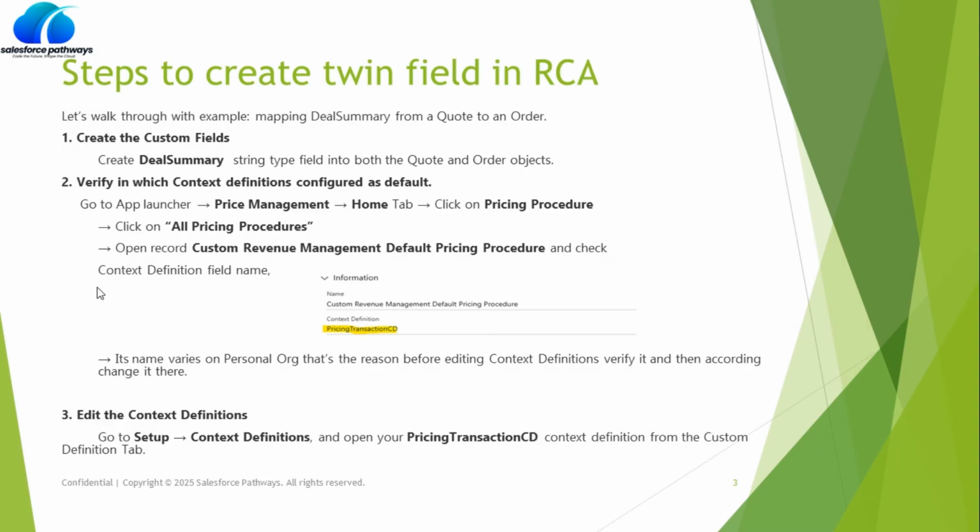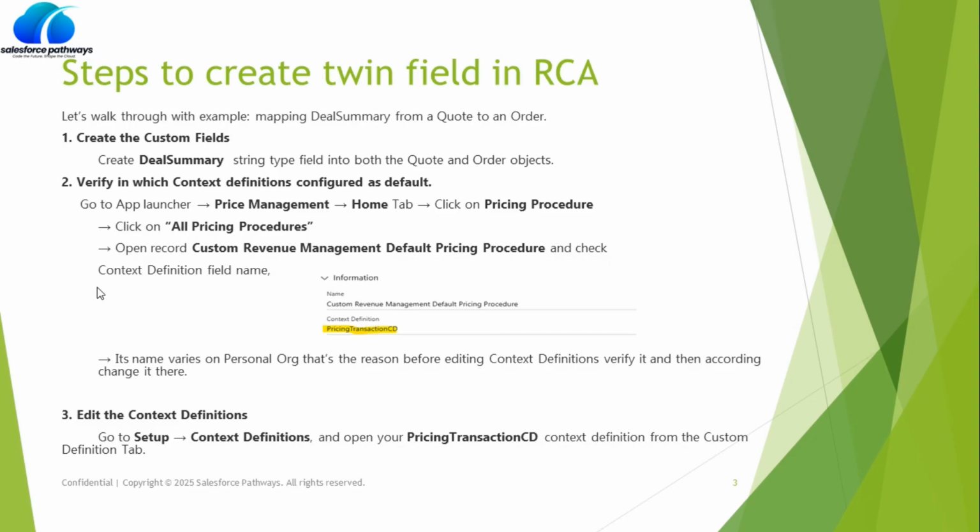The second point is very important. Please keep in mind, before modifying the context definition, you have to check in your system what the default context definition set is. How are you going to check it? Go to the app launcher, Price Management, Home tab, Pricing Procedure, and there is the Custom Revenue Management Default Pricing Procedure.